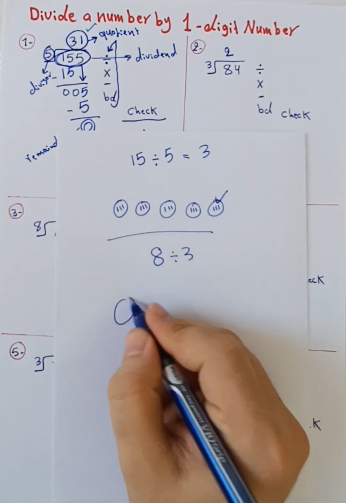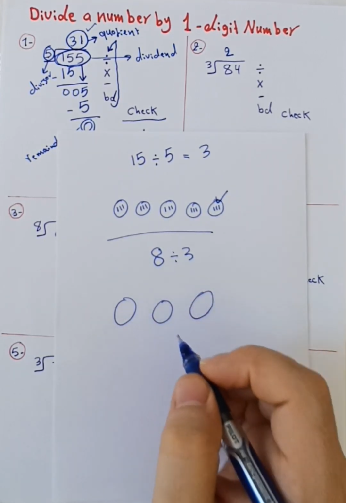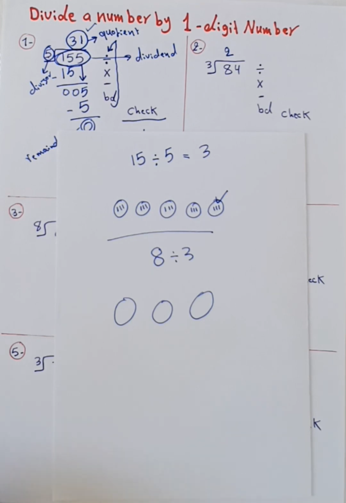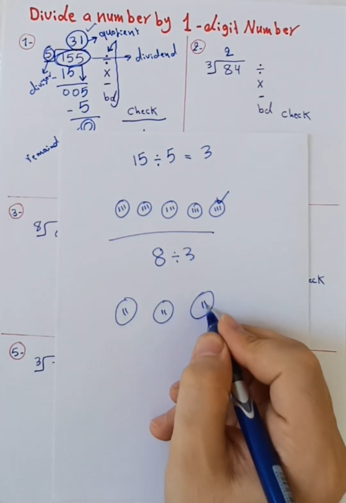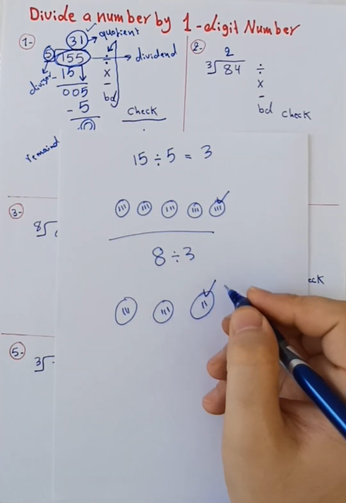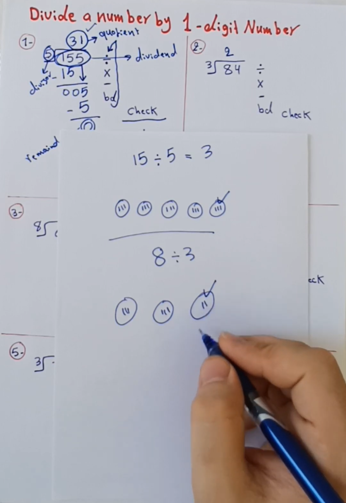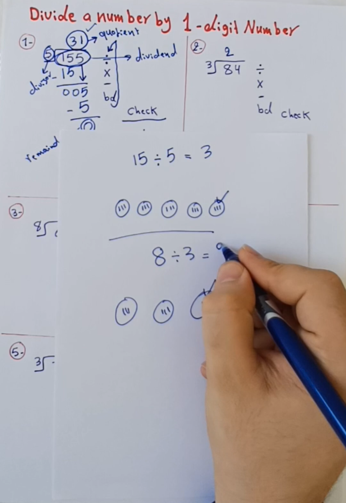You have to draw 3 circles and then share these 8 over these circles, 1, 2, 3, 4, 5, 6, 7, 8. In the last circle we have 2 lines, so 8 divided by 3 equal to 2.